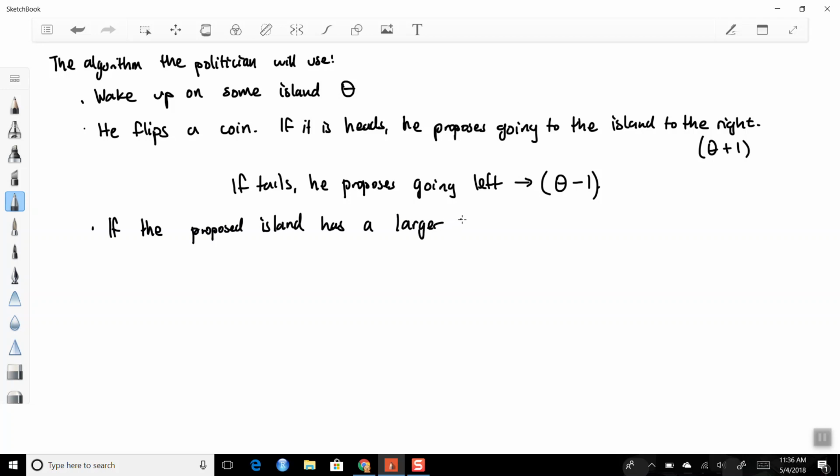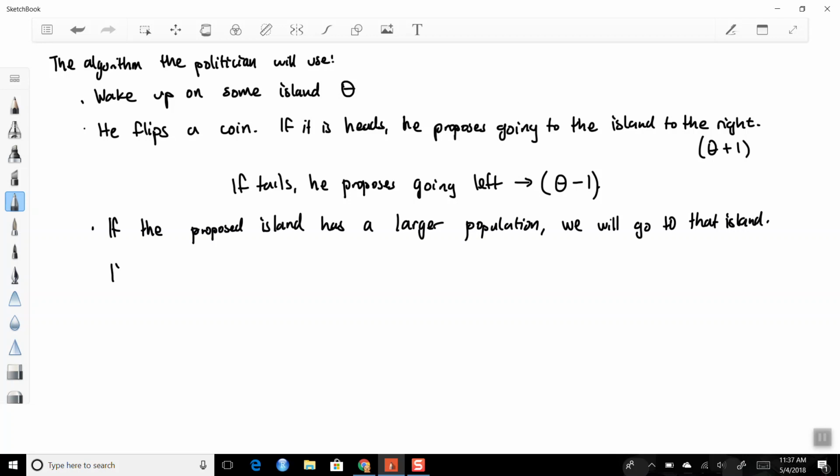So if the proposed island has a larger population, we will go visit that island, okay? We'll go to that island.